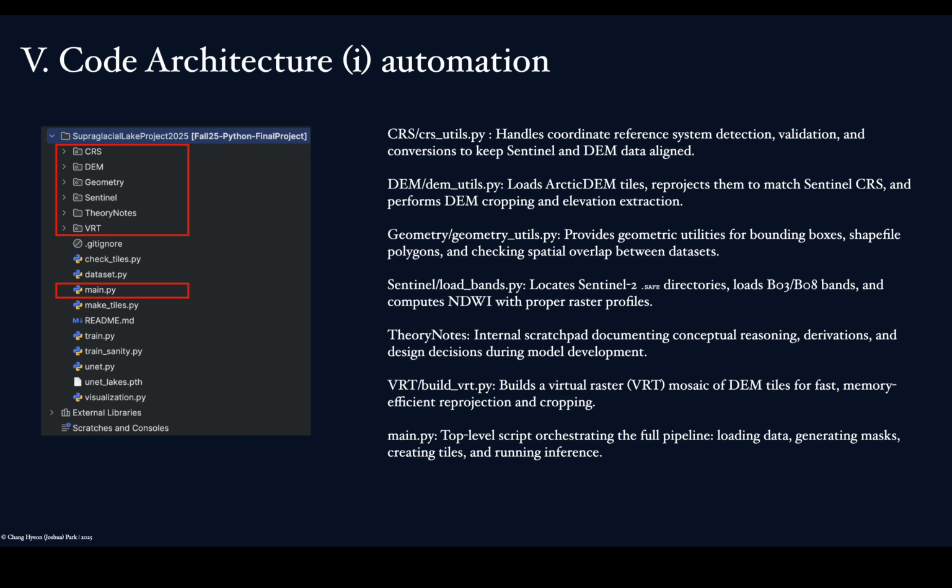I'll show you an example of what this DEM tile alignment looks like in a couple of slides. And main.py is the top-level script orchestrating the full pipeline, where it loads data, generates masks, creates tiles, and runs inference. Here the tiles, what I mean by tiles, is the preliminary masks.